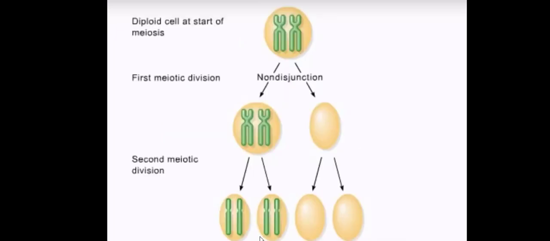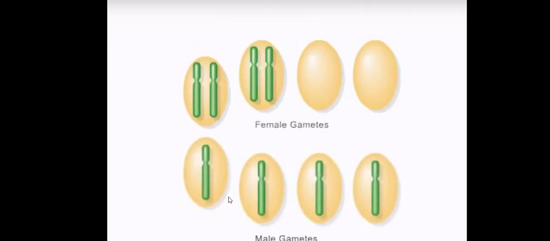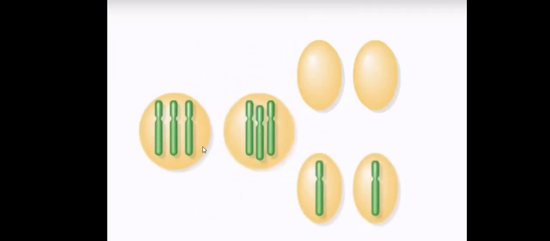When a normal gamete of a male fuses with these abnormal gametes, these 2 zygotes contain 3 copies of the 21st chromosome. This is called trisomy.